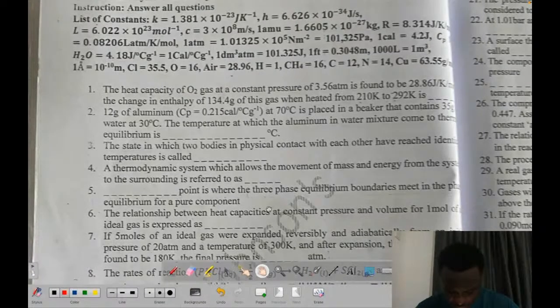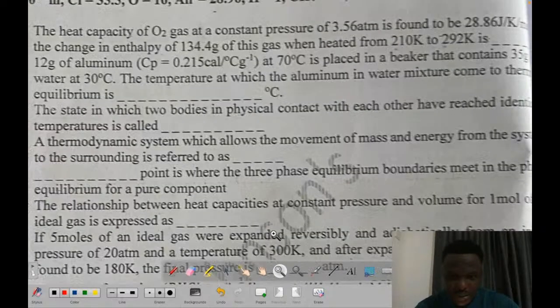The question says 12 grams of aluminum at 70 degrees Celsius is placed in a beaker that contains 35 grams of water at 30 degrees Celsius. The temperature at which the aluminum in water mixture comes to thermal equilibrium is dash. I'll zoom it in again for the avoidance of doubt.